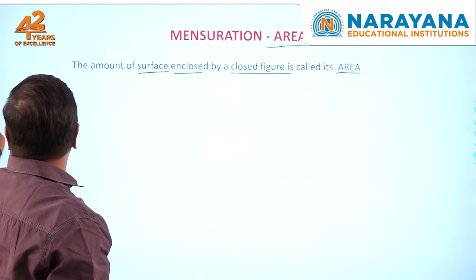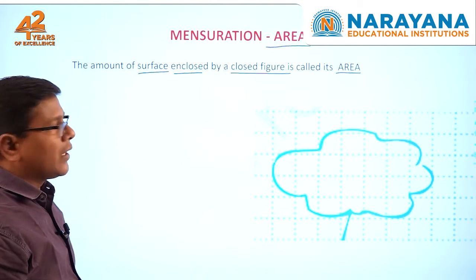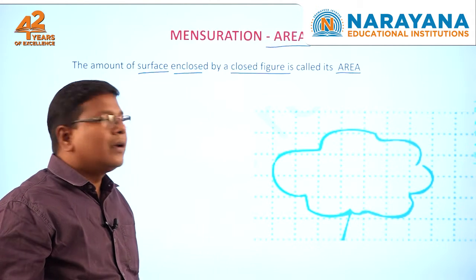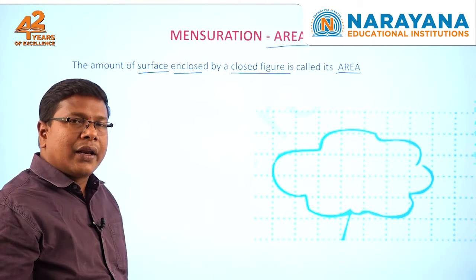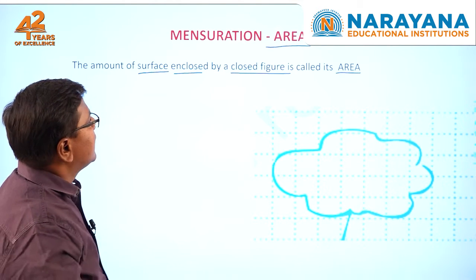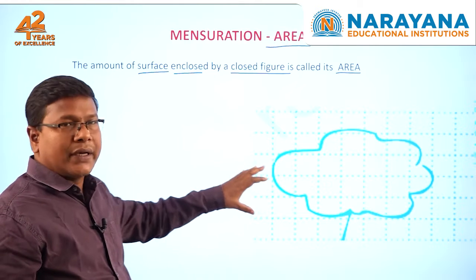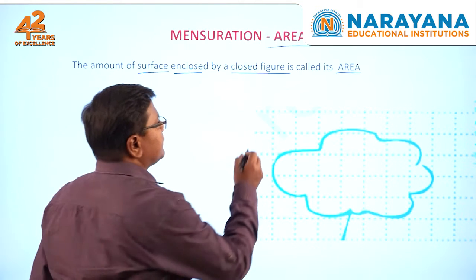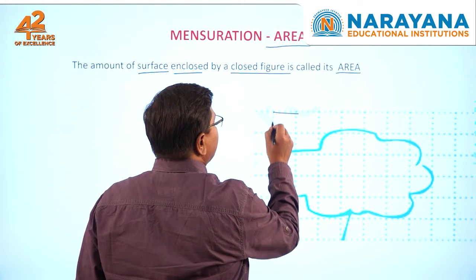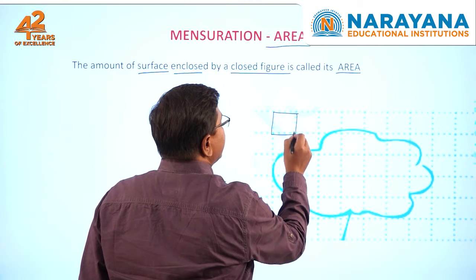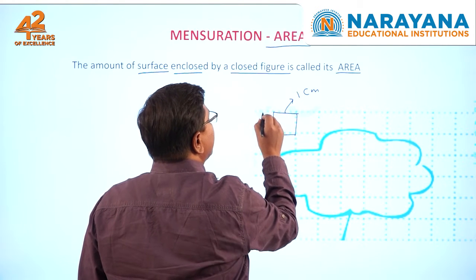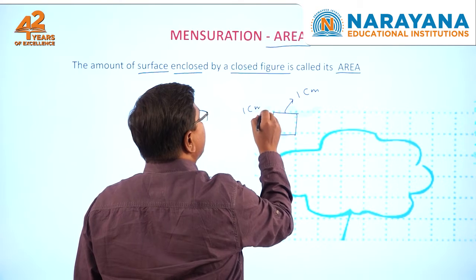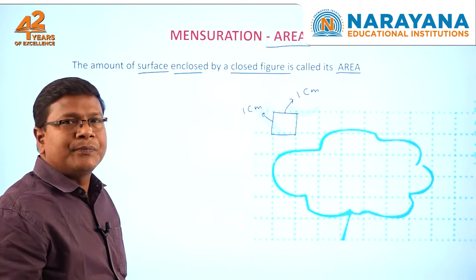Now, for example, we come to this irregular shape, which looks like a flower. To find the area of this irregular shape, it depends on the graph sheet. Suppose each square is 1 centimeter in length and 1 centimeter in breadth.